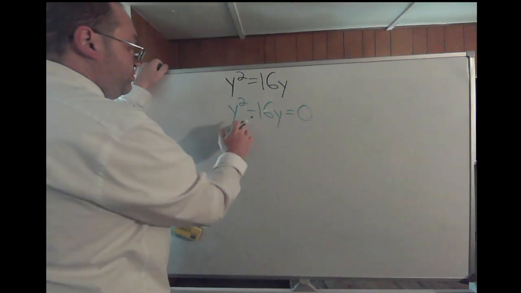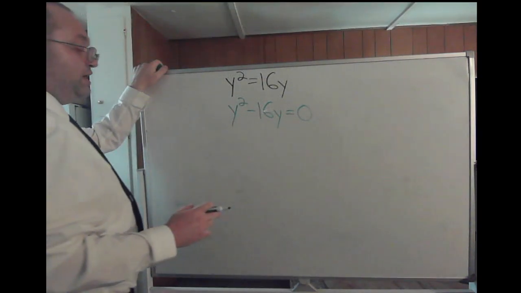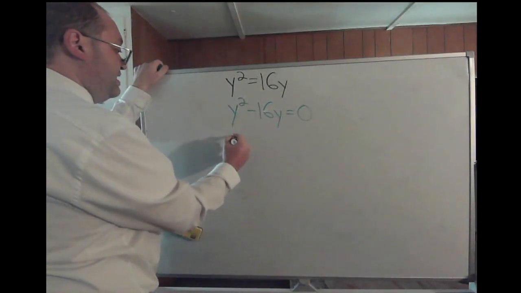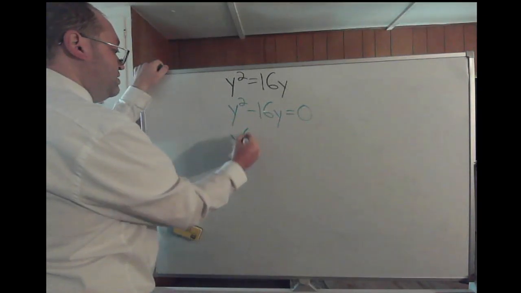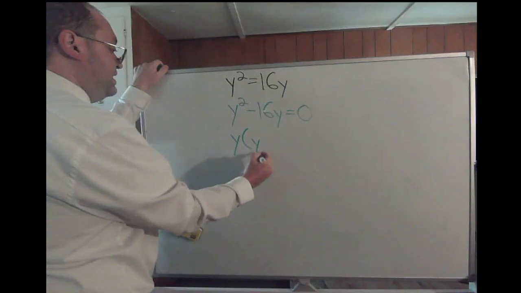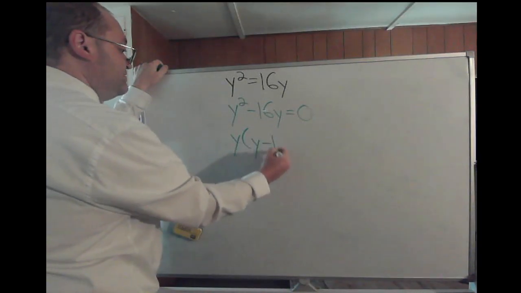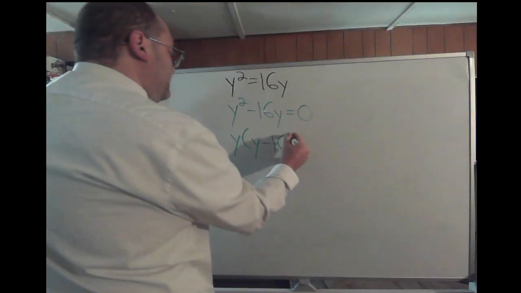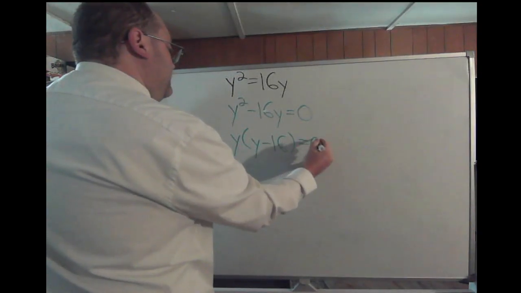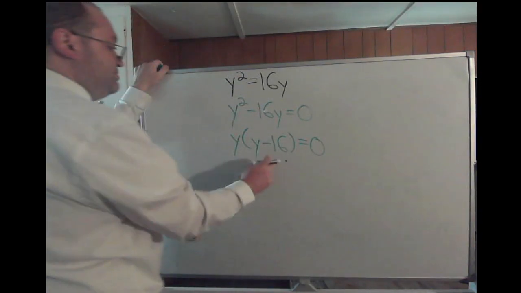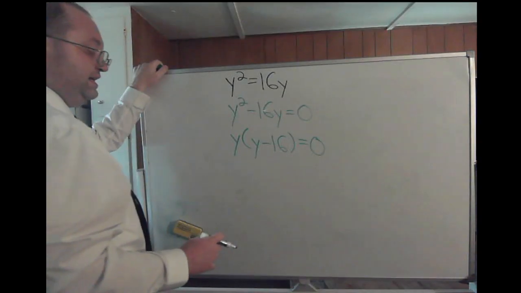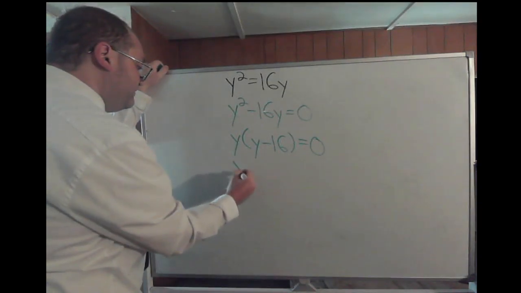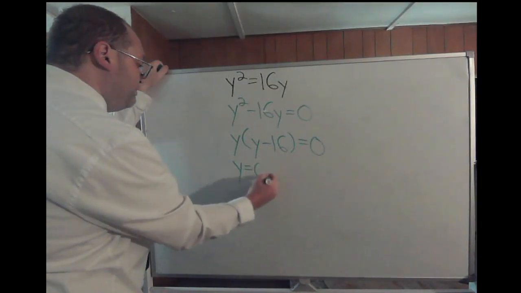Now we can factor y squared minus 16y. To factor that, you factor out a common y. Y times y equals y squared, minus, then you just have 16, because y times -16 is -16y. So now you got y times the quantity of y minus 16 equal to 0. Set each of the factors equal to 0. Y would equal 0.